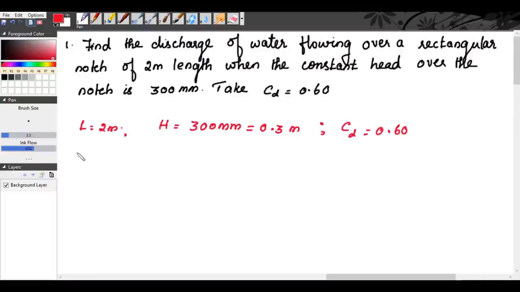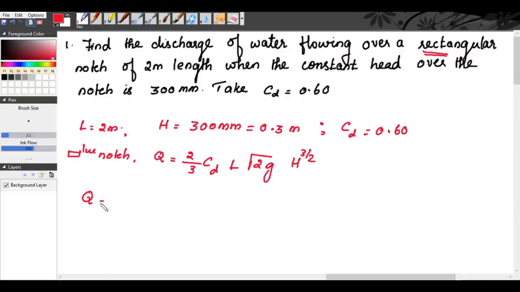So we know this is a rectangular notch. For a rectangular notch, we know the discharge Q is equal to 2 by 3 CD into L into root of 2g into H raised to 3 by 2.